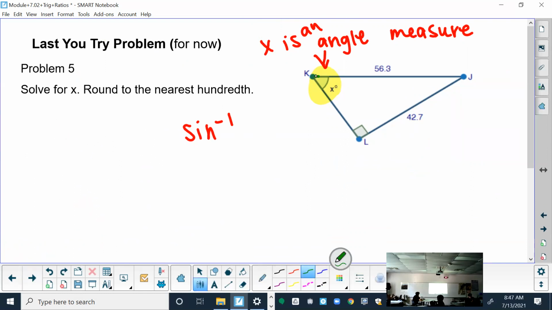So the side KJ, what is that? Is that my hypotenuse? Is it adjacent? Is it opposite? All right, hypotenuse, because it's across from the 90-degree angle. What's side LJ?